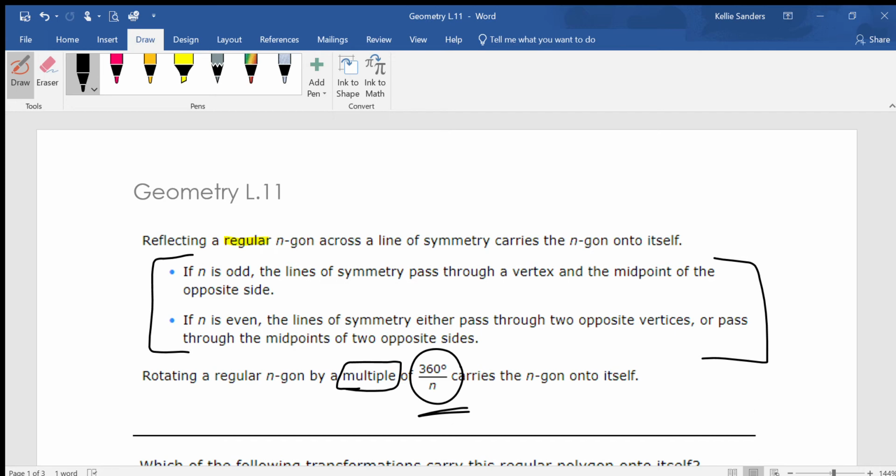At the beginning, right? So if we divide 360 by the number of sides, that's the degree that we can rotate it and get the same shape, because it's a regular polygon.